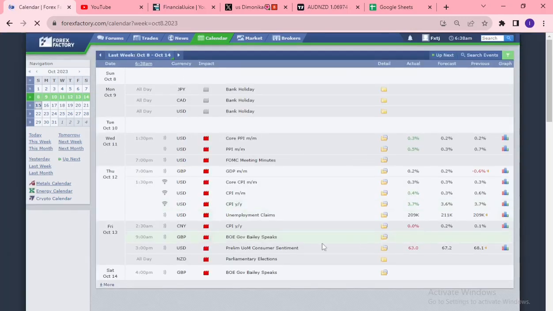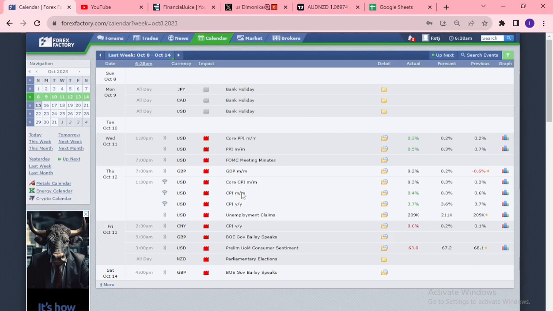Last week, you can see we took our Euro USD trade prior to the US CPI. You can see the core 0.3 came out as the forecasted 0.3%.